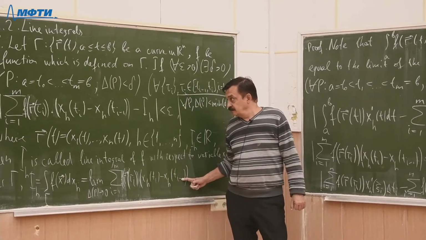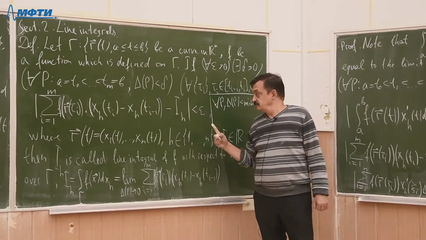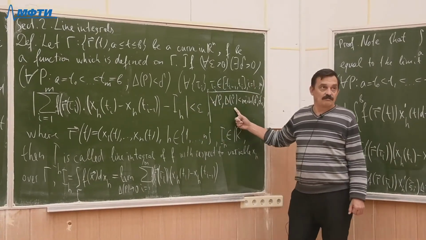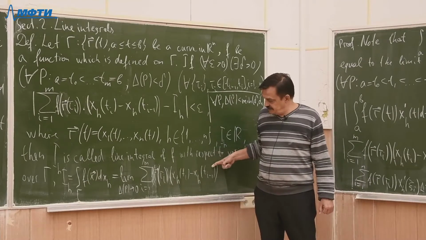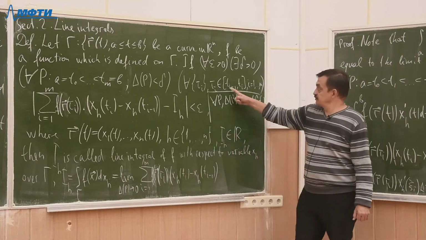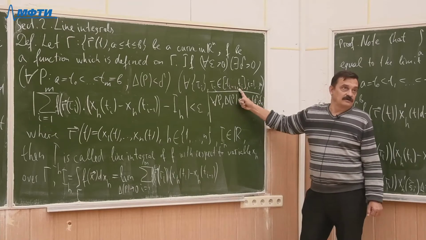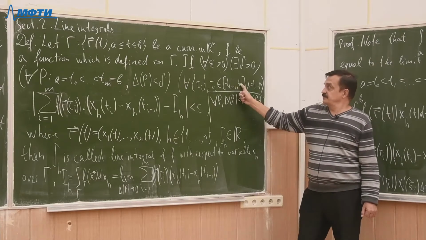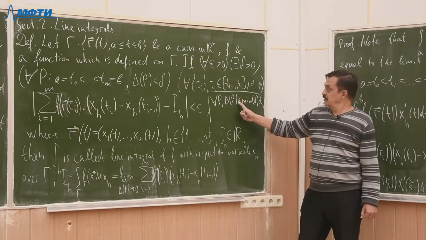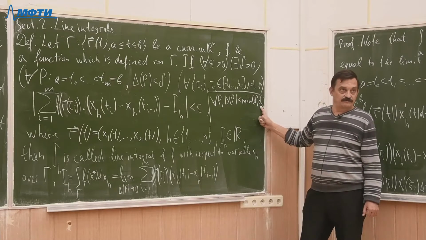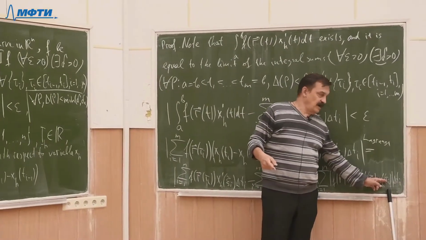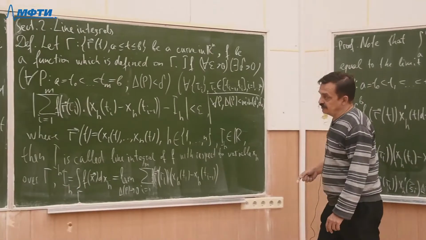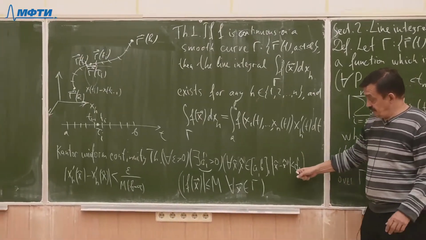The mesh is the maximum of the lengths of the intervals [t_{i-1}, t_i], so the maximal length of those intervals is less than this minimum. It means that the distance between psi_i and tau_i is for sure less than delta 1.